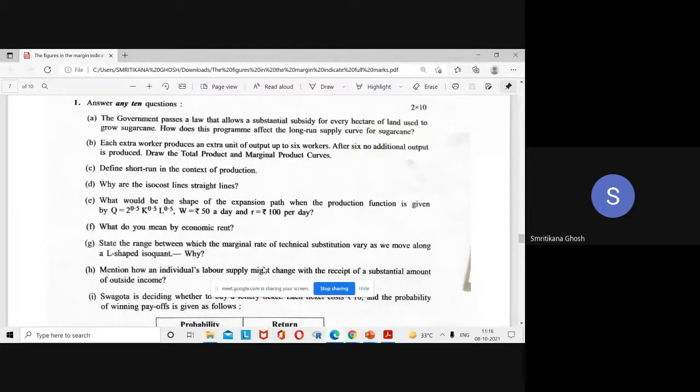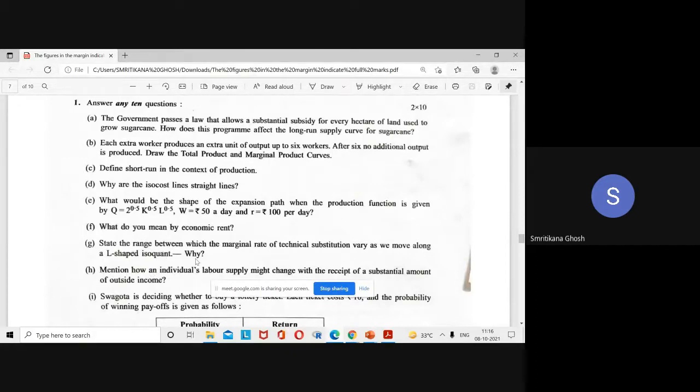They are actually asking about the marginal rate of technical substitution, that means they're asking about the ridge lines. So there is no such range. As it is an L-shaped isoquant, there is a particular ridge line along which before that MPL is 0, after that your MPK is 0. So there is no such line. That is why there is no range. So the answer will be that there is no range.